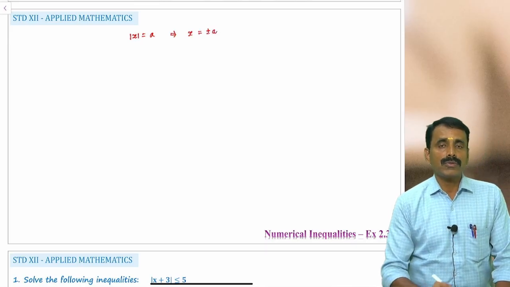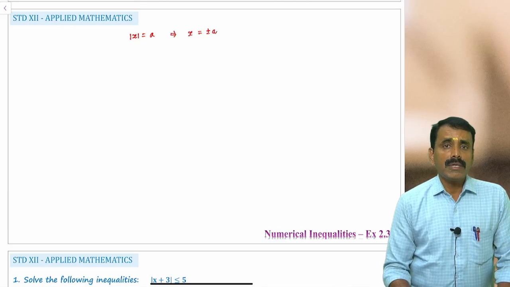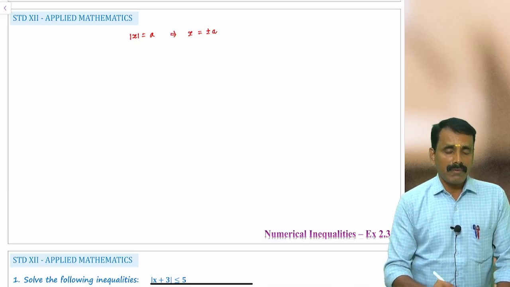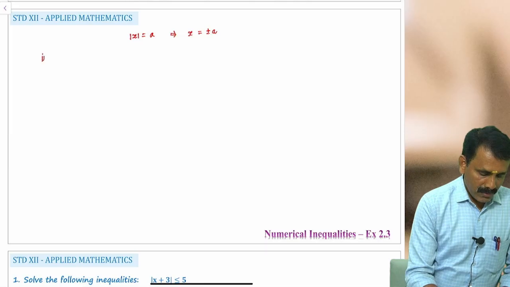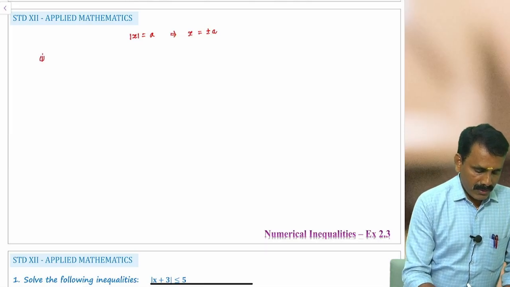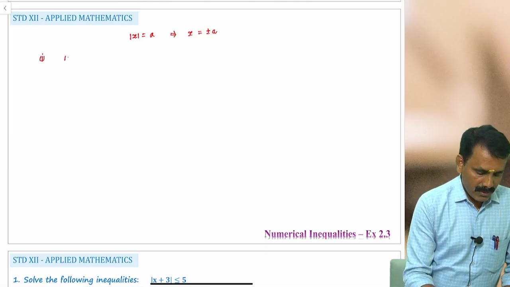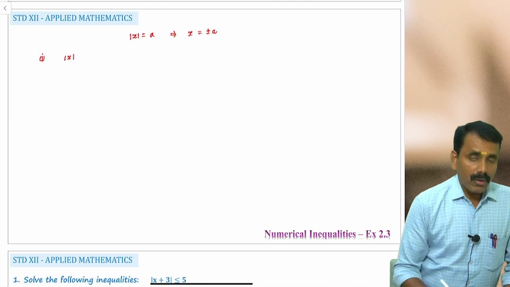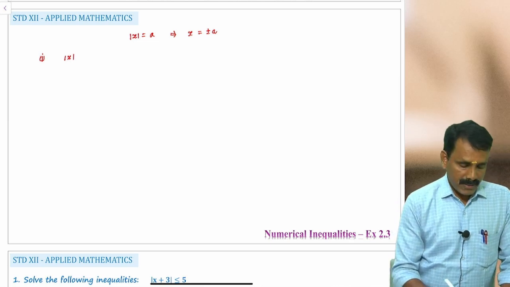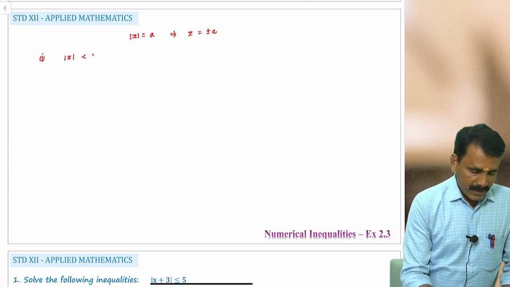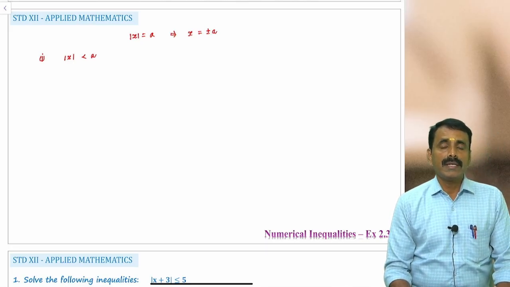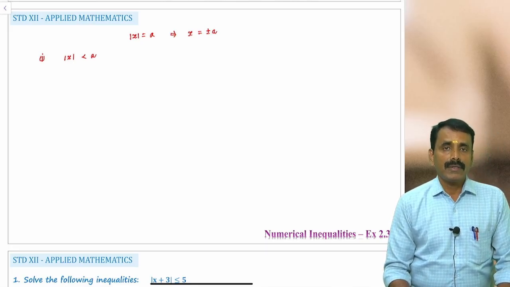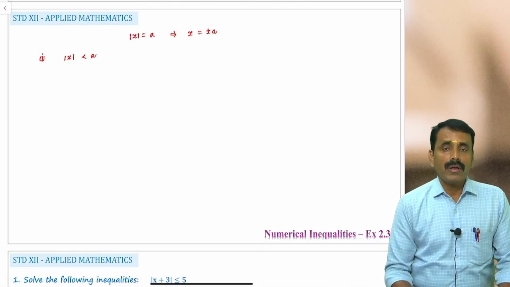This is the solution for the equality involving modulus. Now we can have different things. First one, modulus of x less than a. What will be the solution for x now?